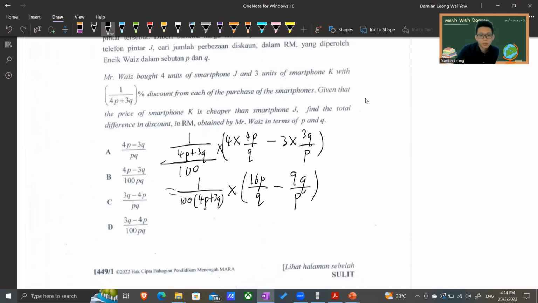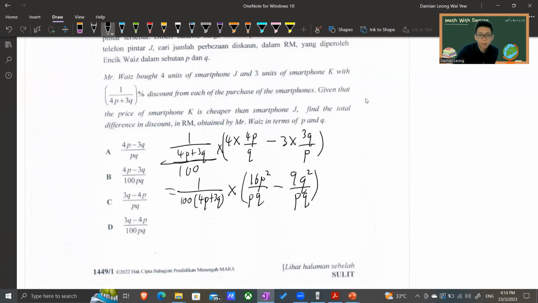Combine this into one fraction. I need both to have the same denominator. So I multiply by P top and bottom, becoming pq and p square. This side I multiply by q, q square.